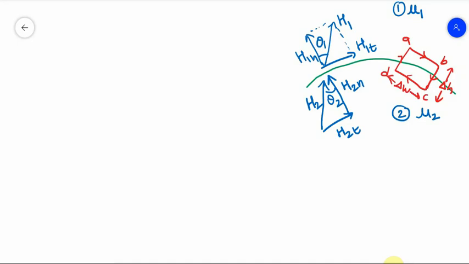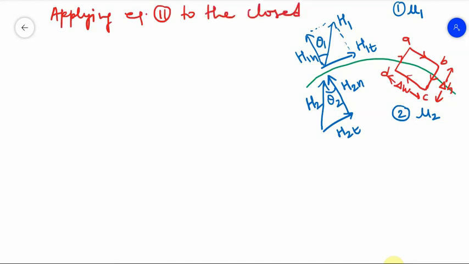So here, applying equation 2 to the closed path A, B, C, D, A.